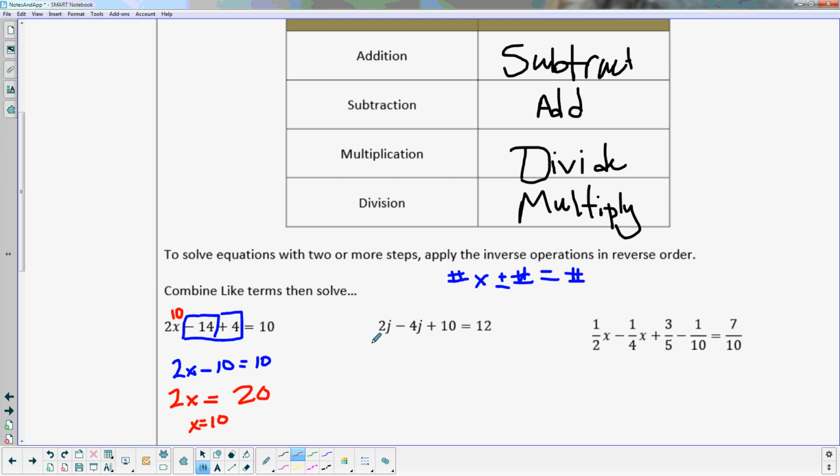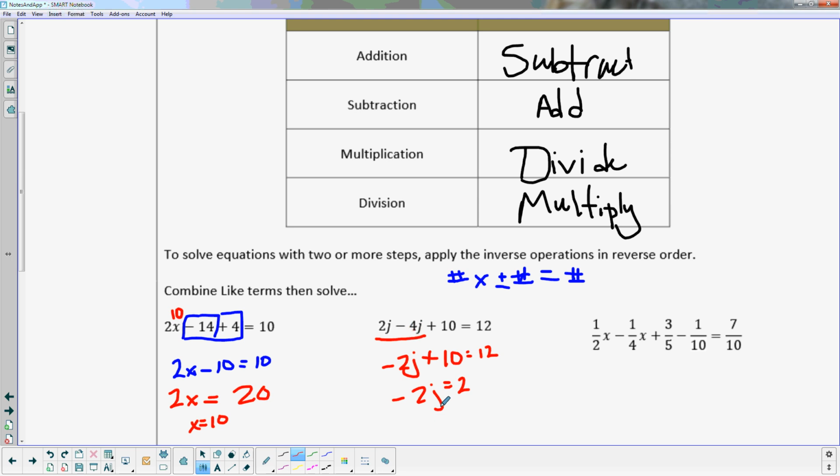On the next one, I have like terms in the 2j and the minus 4j. That's going to simplify to give me negative 2j. I guess I'm on a 10 kick here. Plus 10 equals 12. And when I subtract 10 from both sides, I get negative 2j equals 2.